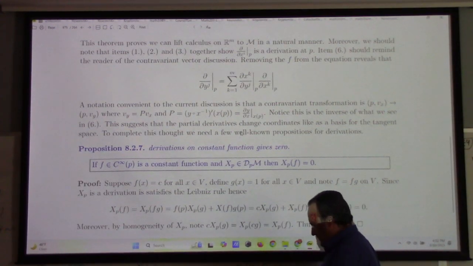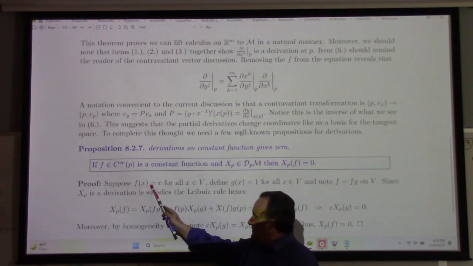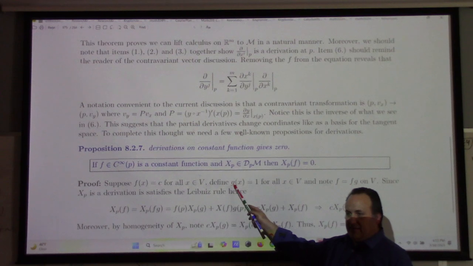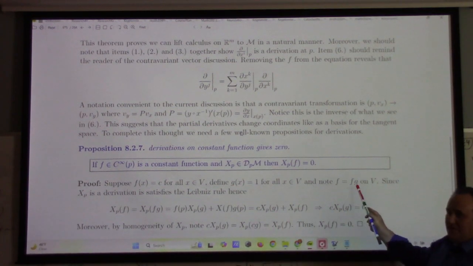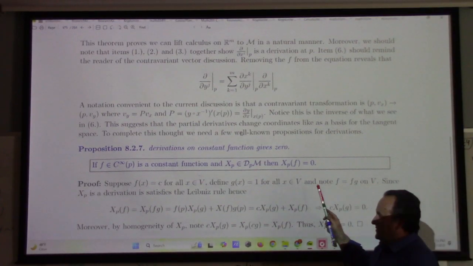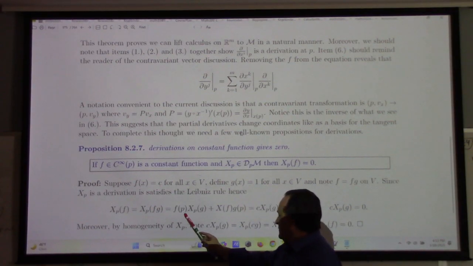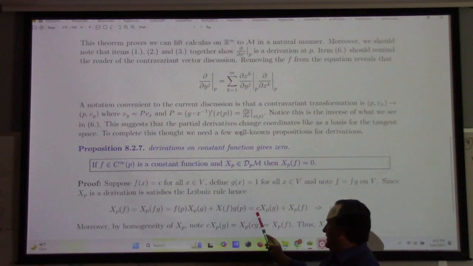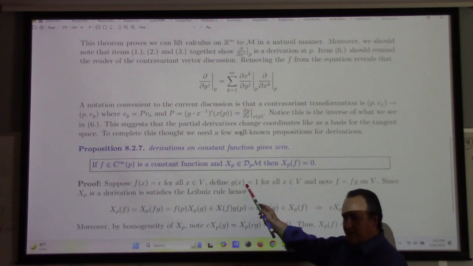All right, so this is kind of sneaky. You have your constant function, and you've got your other function, G, just make it identically equal to 1. Then F is equal to F times G. This is a kind of sneaky step. And so then you can do the Leibniz rule. X sub P of F is X sub P of FG, but by the product rule, it's this and that. But notice that F of P is equal to the constant, and G of P is equal to 1.